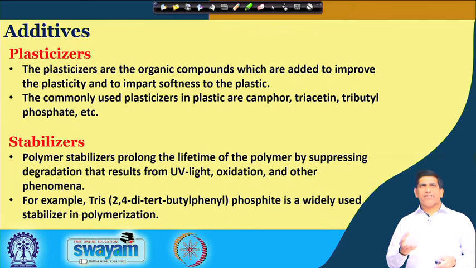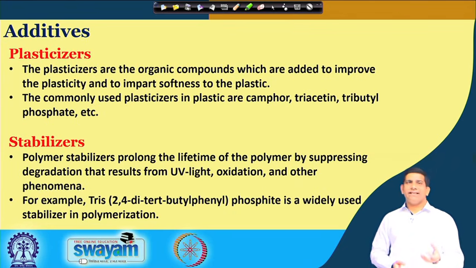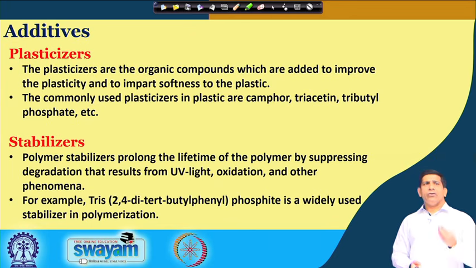And if its plasticity is more, you can do that. If the plasticity of that particular material is less, you may not be able to do that. Some plasticizers which are commonly used are camphor, triacetin, tributyl phosphate and those kinds of stuff.